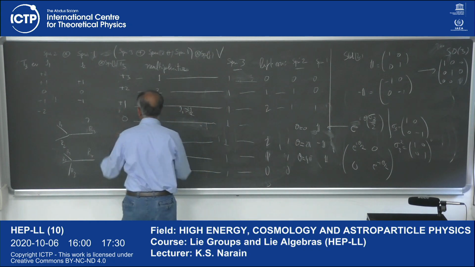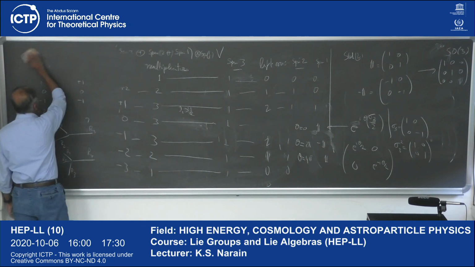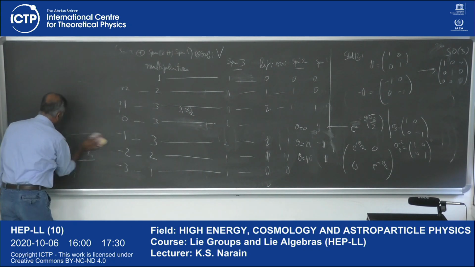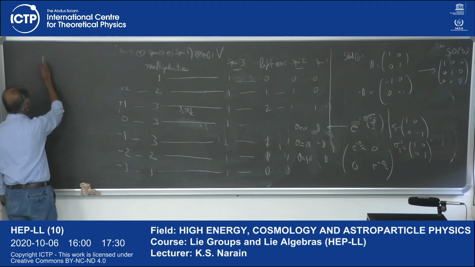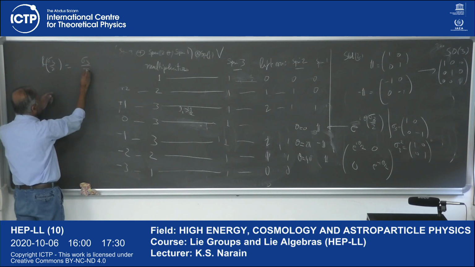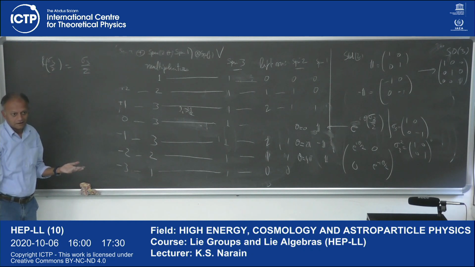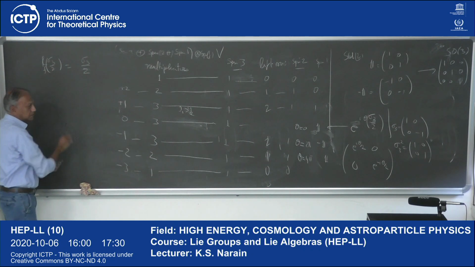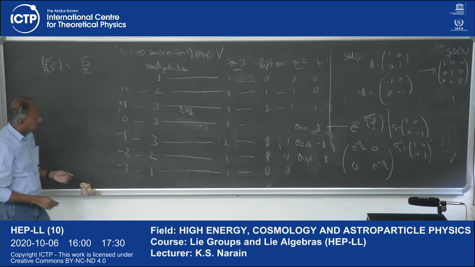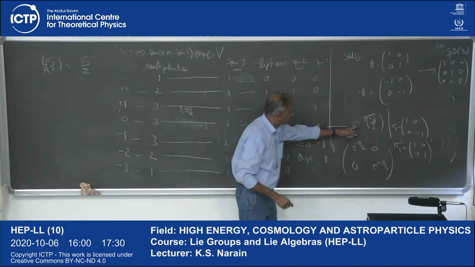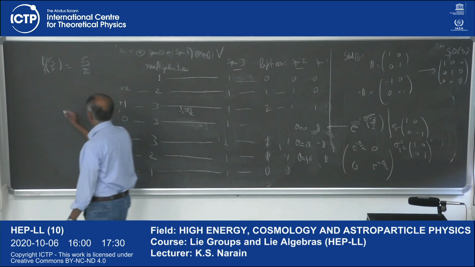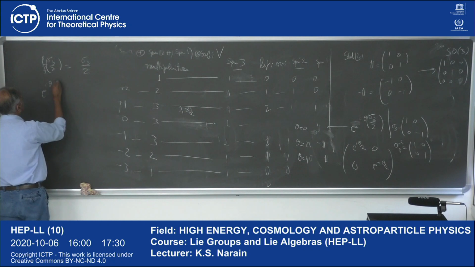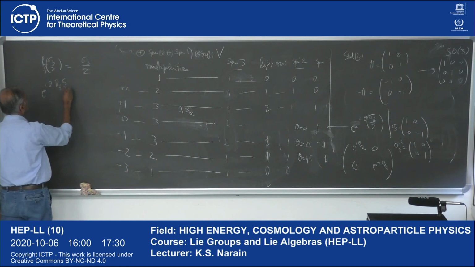Let us look at the fundamental representation, for example. In the fundamental representation, R of sigma 3 by 2 is simply sigma 3 by 2. This is the defining representation itself. For that, we have already computed e to the power of i theta R of sigma 3 by 2.